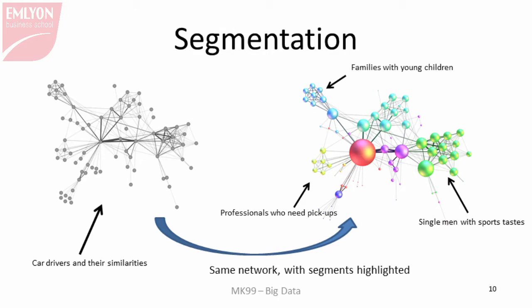If you have a network of customers where two customers are connected if in your CRM you found that they were similar in some sense, same demographics, same past transactions, same preferences, same or similar response to your ad campaigns, then you can end up with the network that you see on the left, which frankly doesn't tell much. But look at the same network on the right; that's exactly the same.